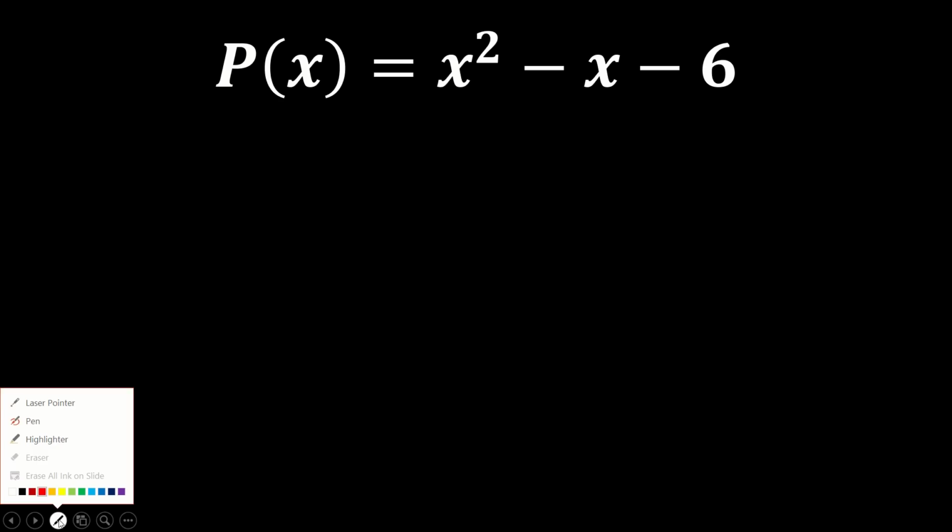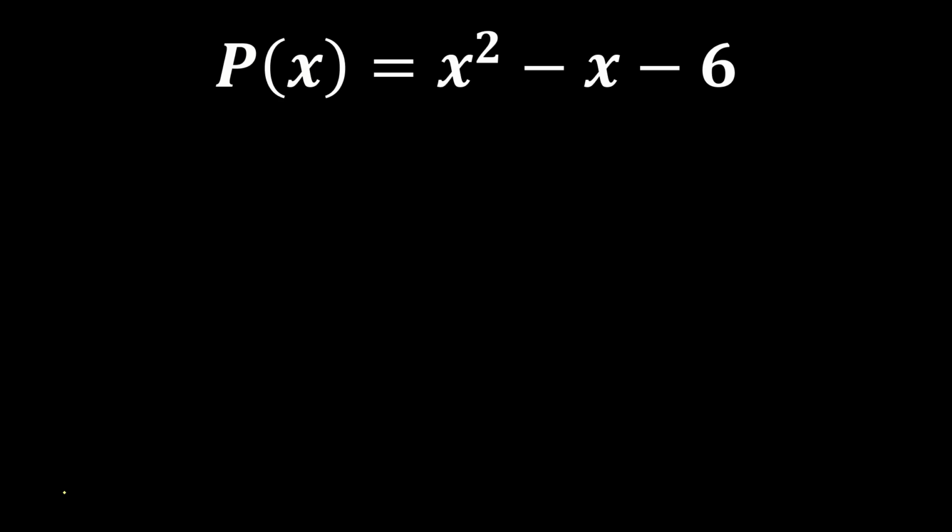Now, there are 4 methods na pwede nyo gamitin in solving for the roots of a quadratic function or so in solving for the zeros of quadratic functions. Di ba ano ba yung zeros? Ano bang sinabing zeros or roots of functions?